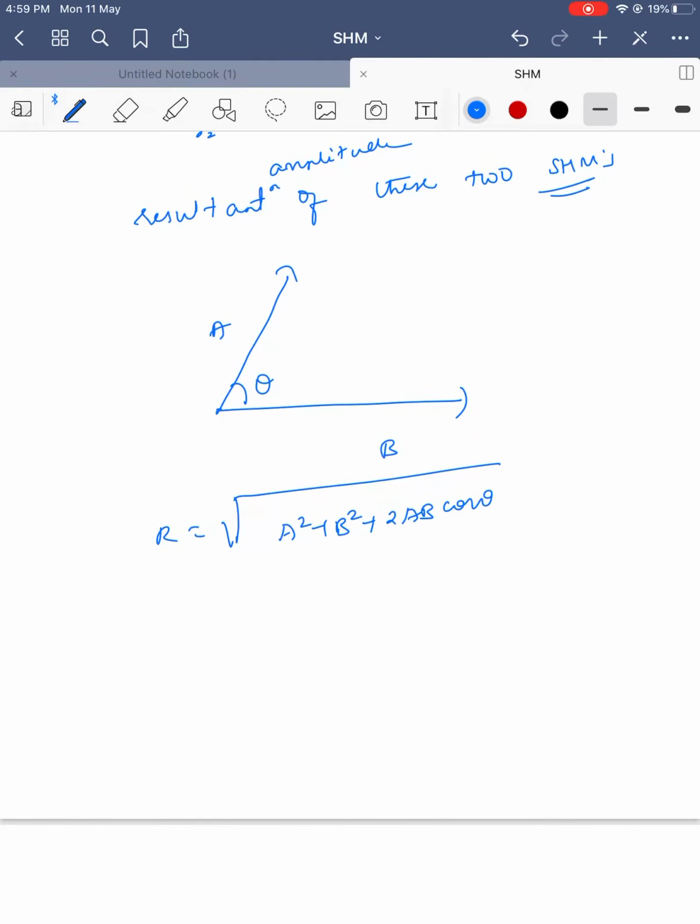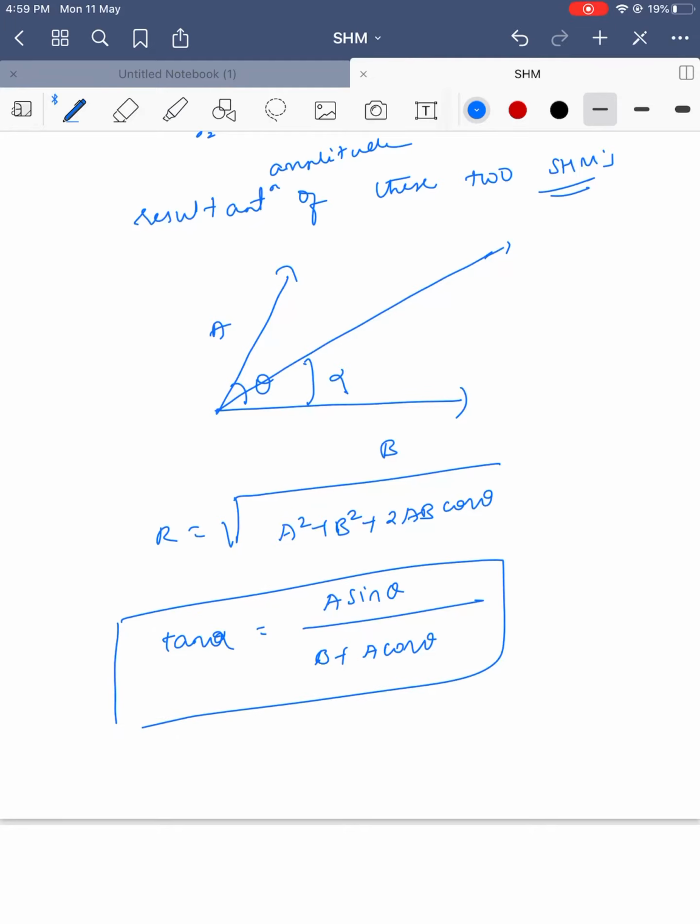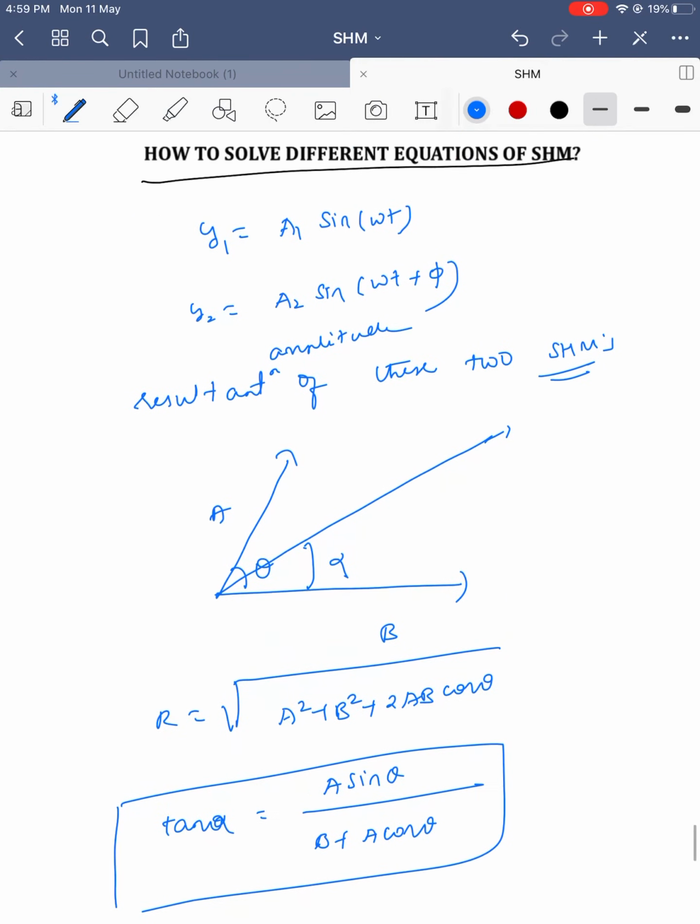To get the resultant angle alpha, tan alpha is equal to b sin theta by a plus b cos theta. These two are very important formulas which we studied when we were discussing vectors.